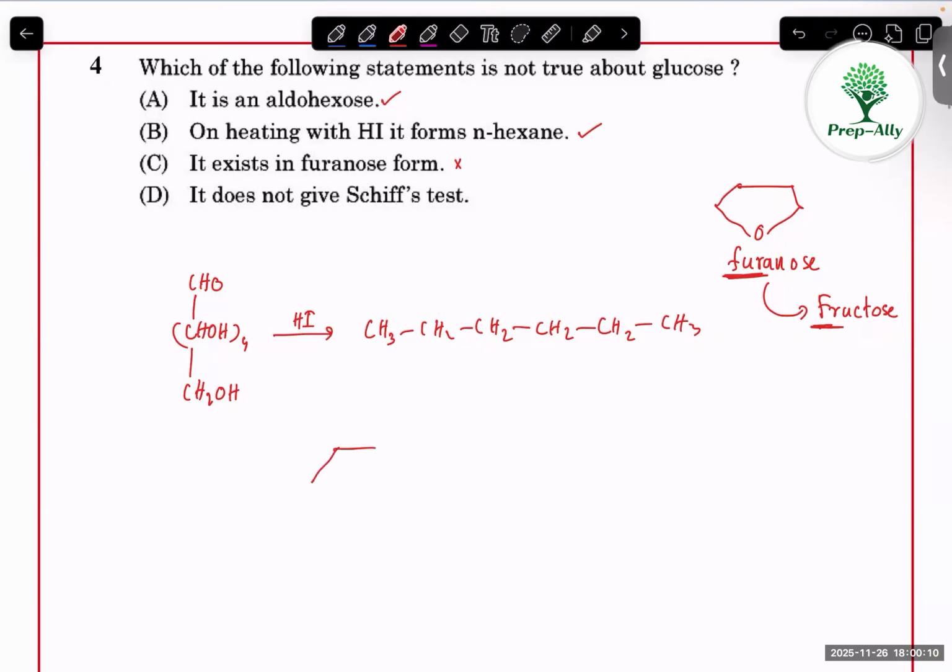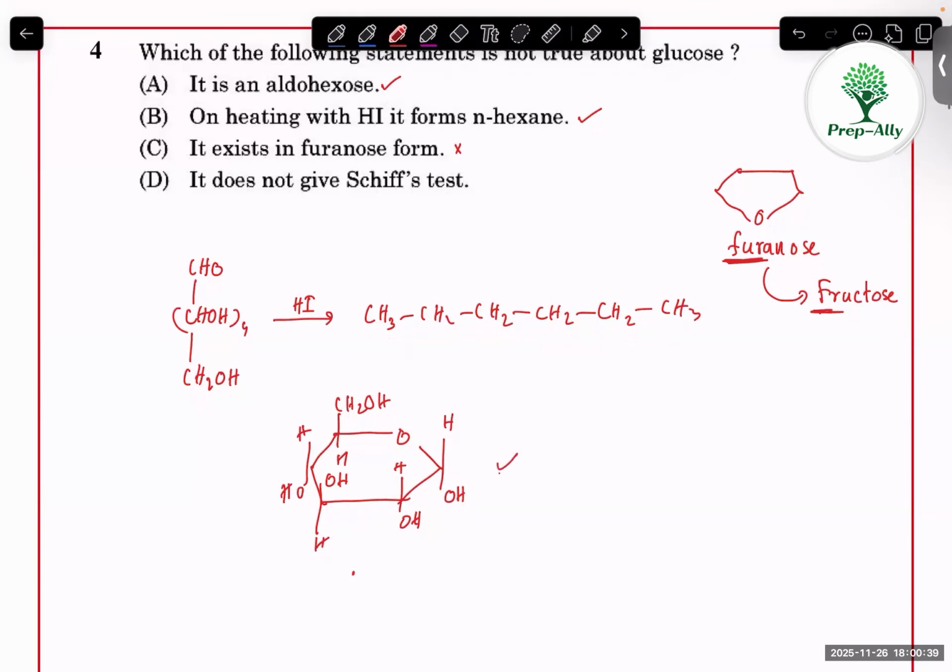So glucose exists in this type of molecule. This is called the glucose pyranose form, also called alpha-D-glucose. So this is a form of glucose.